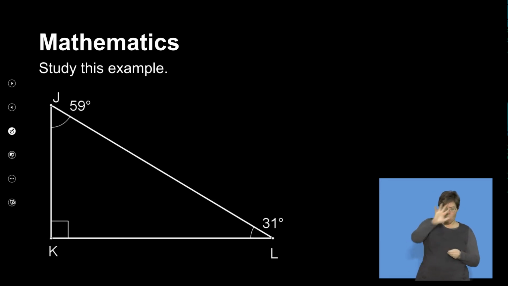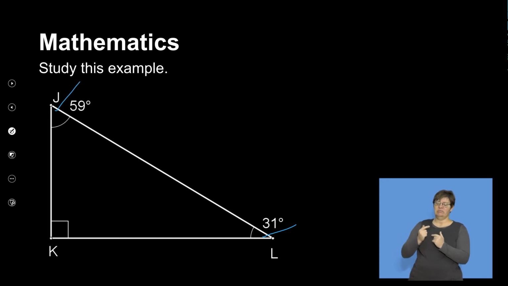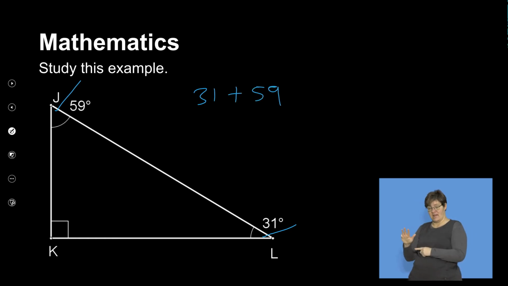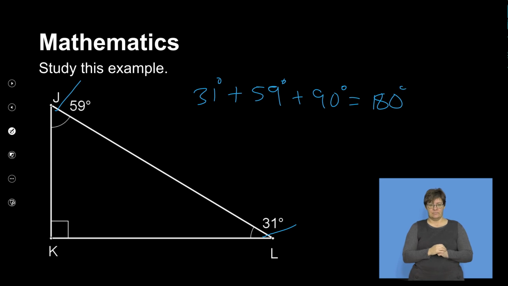And then one of the special cases that I can give you is this one here, where this is an acute angle, which is 31. That is an acute, which is 59. And if you add 31 plus 59 degrees plus 90 degrees, all of this is going to give me exactly 180 degrees. But my conjecture was claiming that J and L must always be 45 degrees if this is a right-angled triangle.